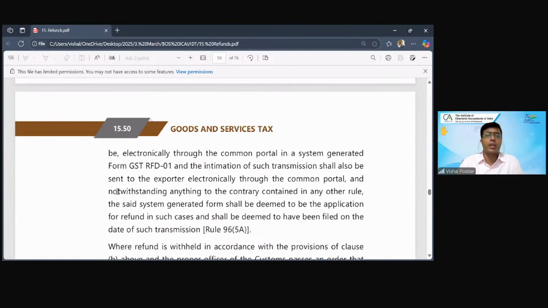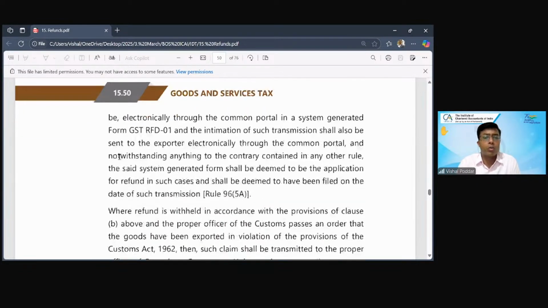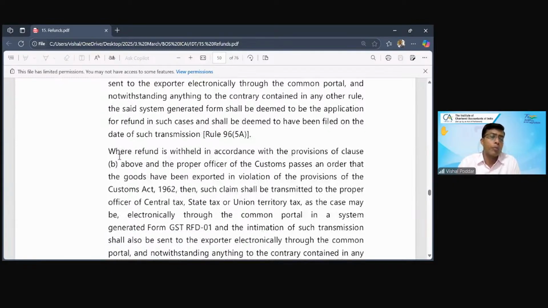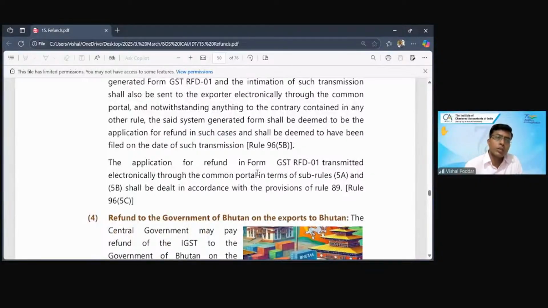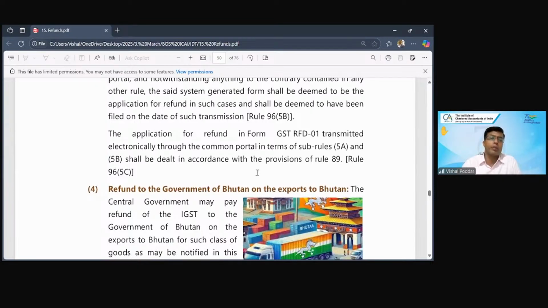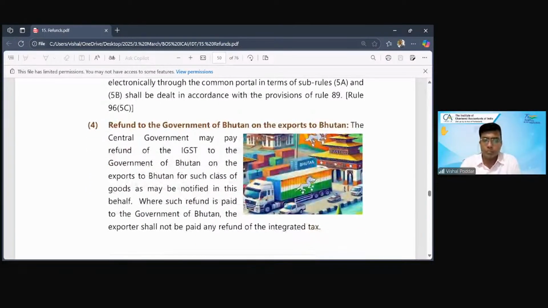In such a case, you will be informed about this, and since the refund is not being allowed to you, you will now have to go and meet either your proper officer or the customs officer, and justify your claim, proving to them why the refund should be allowed. If you are able to remove the defects which they feel are there, then the refund will be granted. Otherwise, your refund may be withheld permanently.